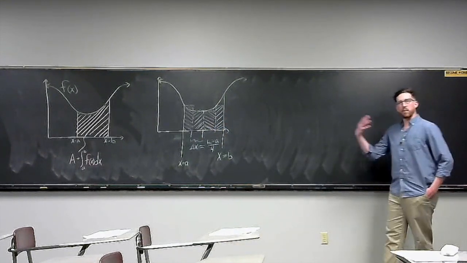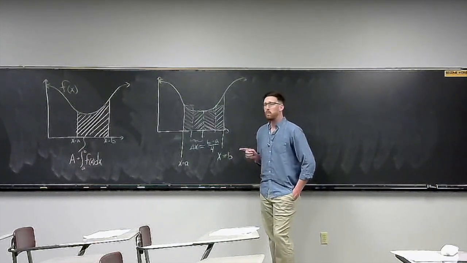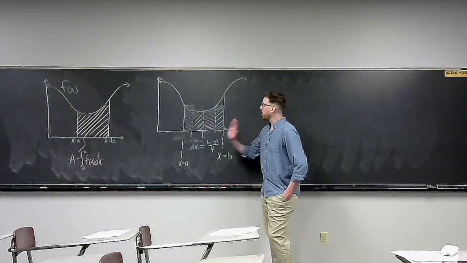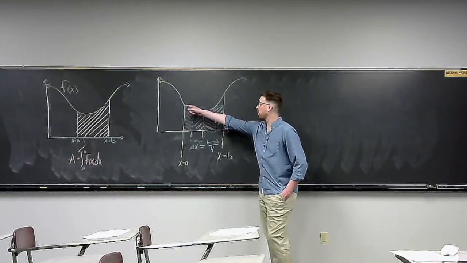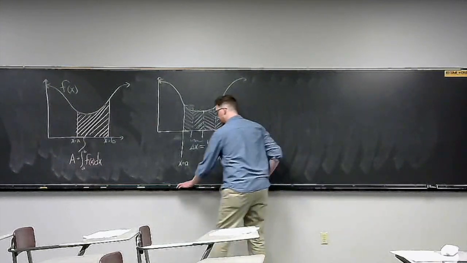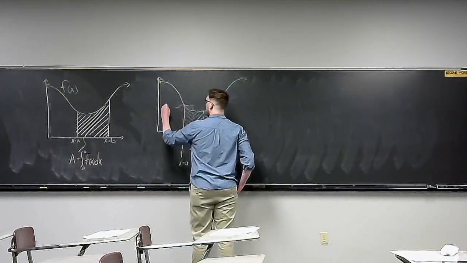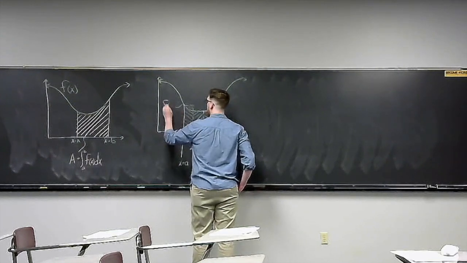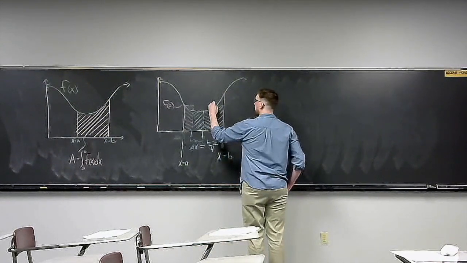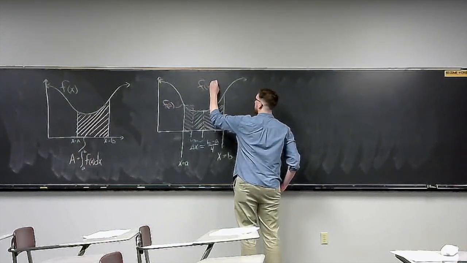Now, we have to decide how we're going to pick the height of our rectangles. In this particular case, I said, you know what? Let's just set the height of the rectangle so that the top left corner of each of our rectangles is equal to our function. So the left-hand side here is f of a, and over here this is going to be f of b minus delta x.